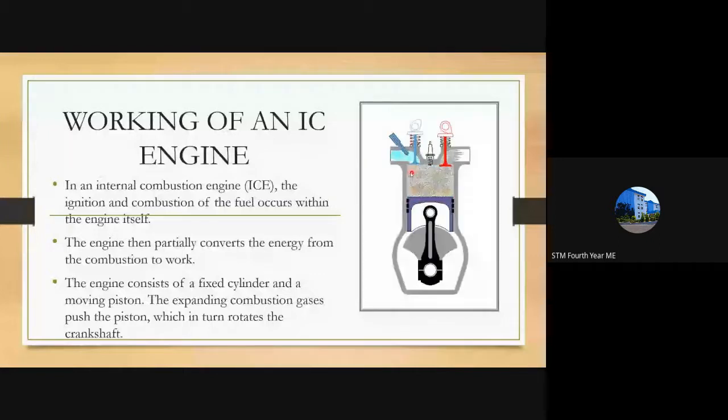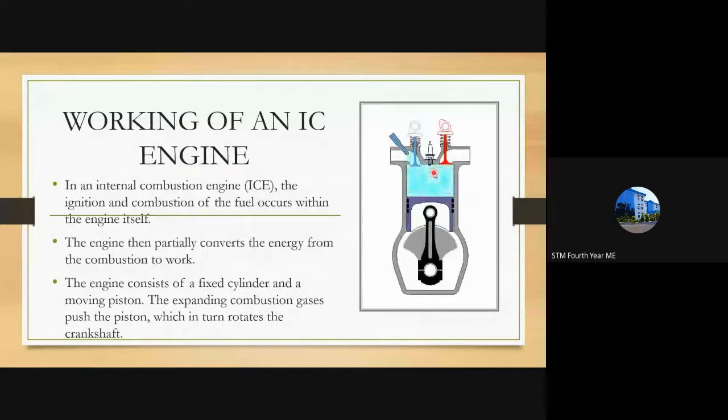After this point there is a small distance between the valves and the piston. That space, or volume, is known as clearance. So there are 3 parts: the TDC, the BDC, and the clearance volume.